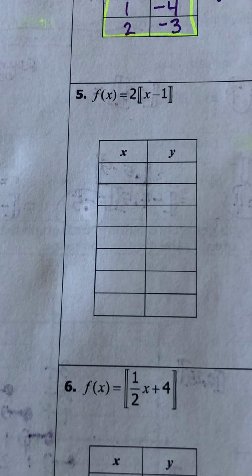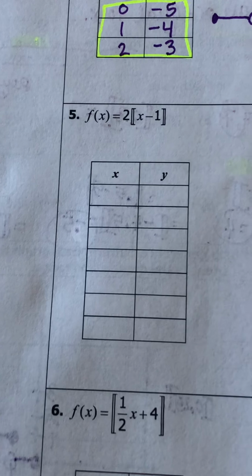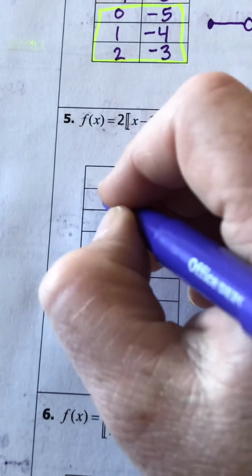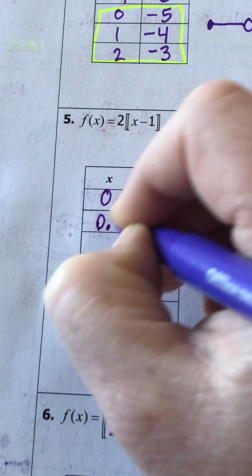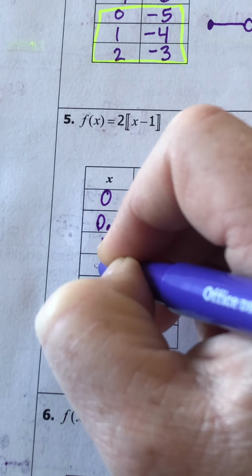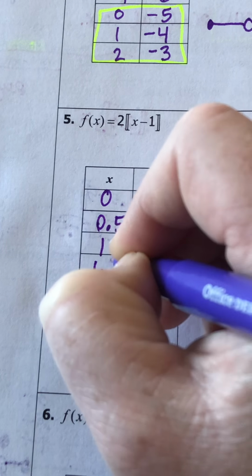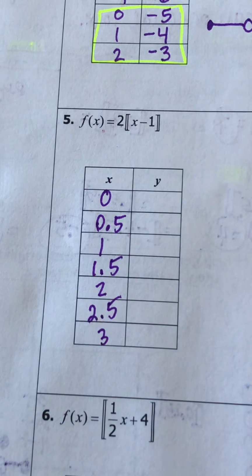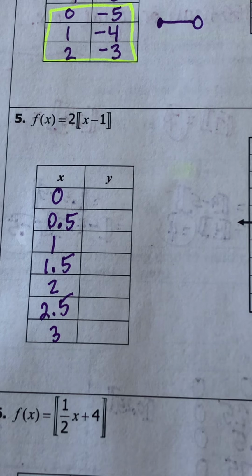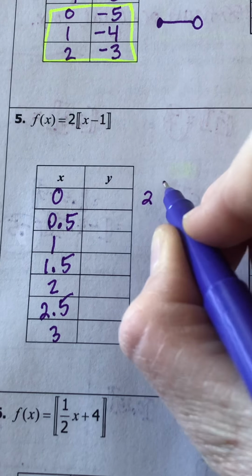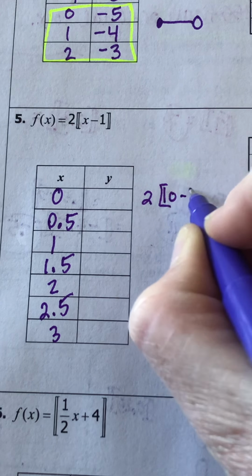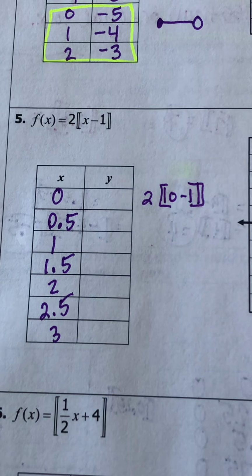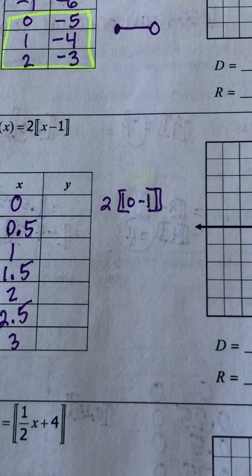All right, let's do the next one. So I need to figure out what the value is gonna be. I'll just do decimals for this just so you can get some more practice with the greatest integer, until we understand it. At 0, this would be 2 times the greatest integer of 0 minus 1. The greatest integer of 0 minus 1 is -1.